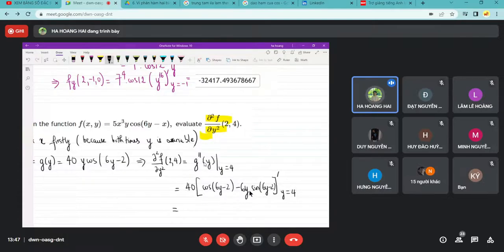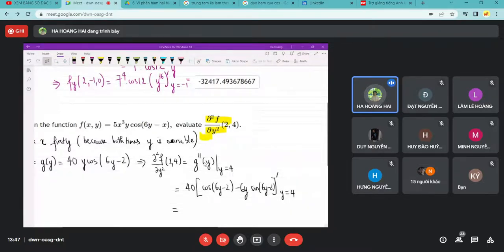Next step, in the last step, you can use your calculator to compute. Your calculator has the function of finding the derivative. And here we have the result of this one.